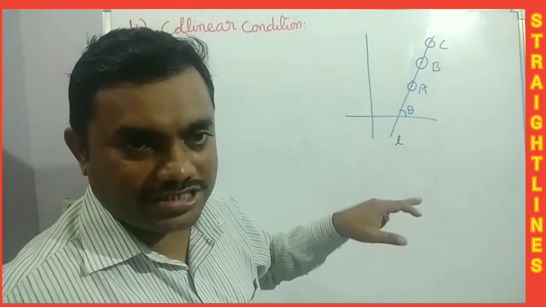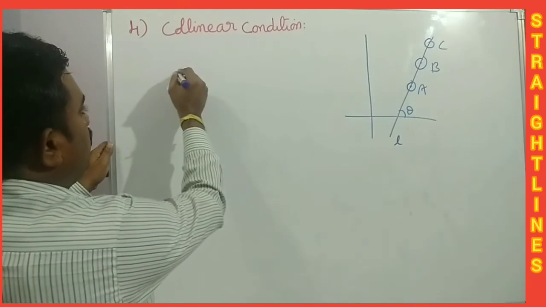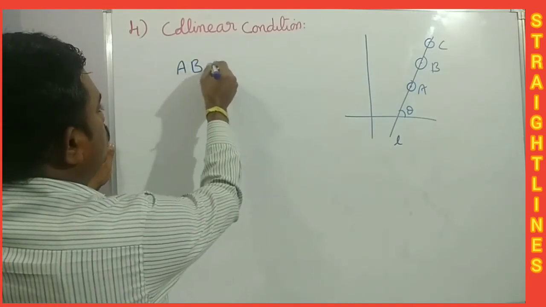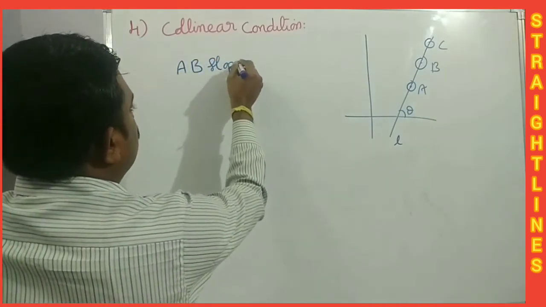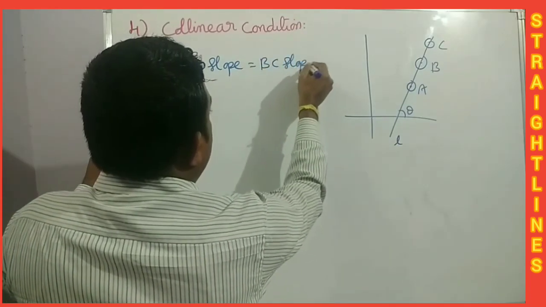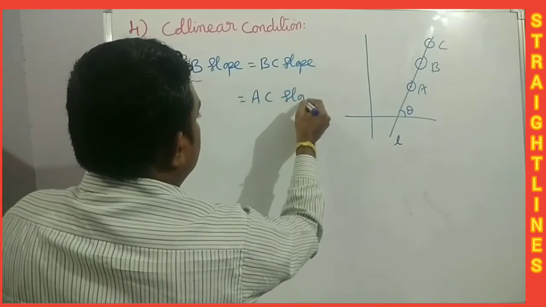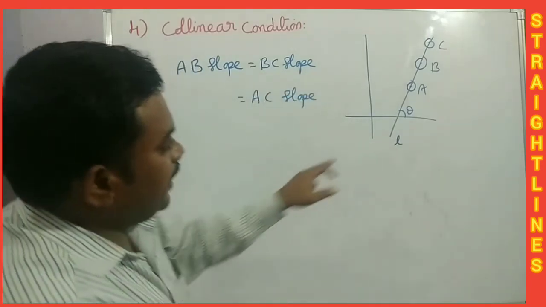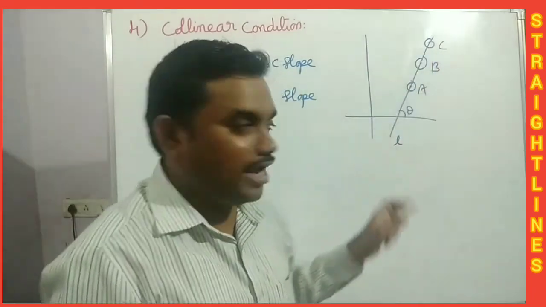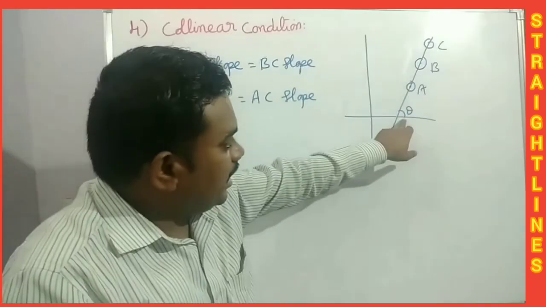That is the old definition. Now here using slope, what do we know? AB slope equal to BC slope equal to AC slope means 3 points lie on the same line. Now AB line slope equal to tan theta.